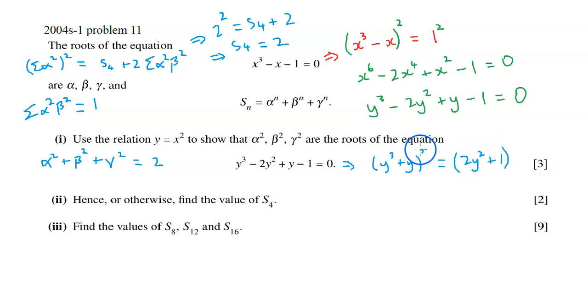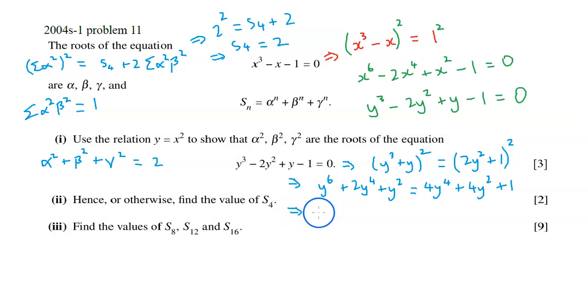And then we're going to square both sides of it, and that gives us y to the power of 6 plus 2y to the power of 4 plus y squared is equal to 4y to the power of 4 plus 4y squared plus 1.